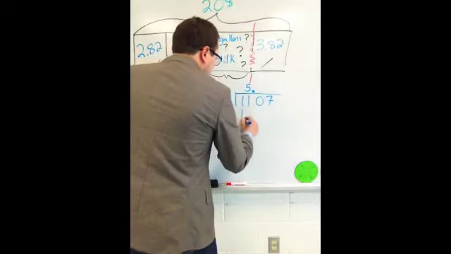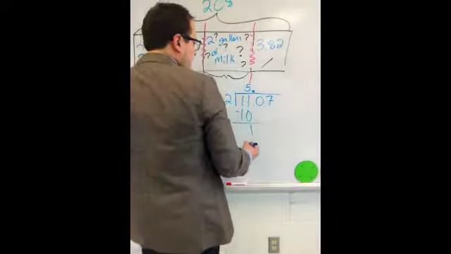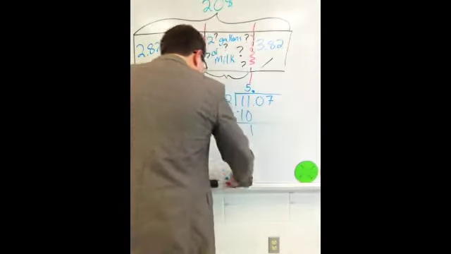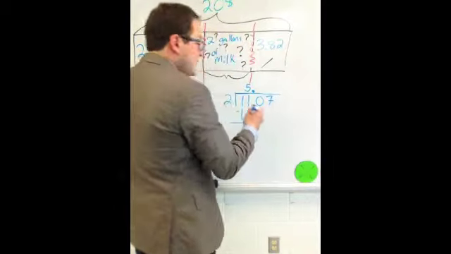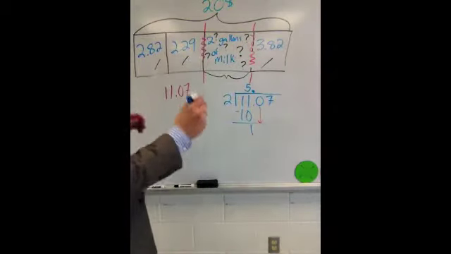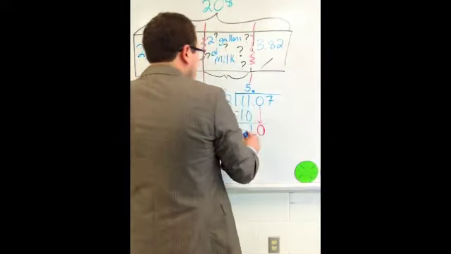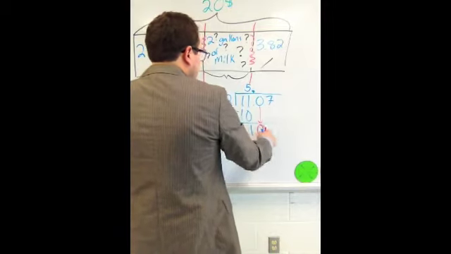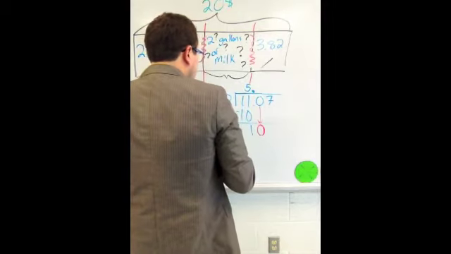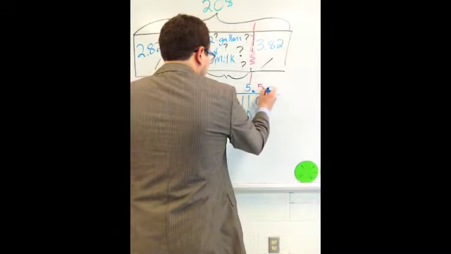So 5 times 2 is 10. Subtract, and I have $1 left. And now I bring down the tenths, and I'll go ahead and make that arrow in red, just to give a little color differentiation there. So I'm going to bring down the tenths value here. And so now I have 10 tenths, which is still 1 whole dollar. And I can share that evenly to the 2 groups by giving each one of them 5.